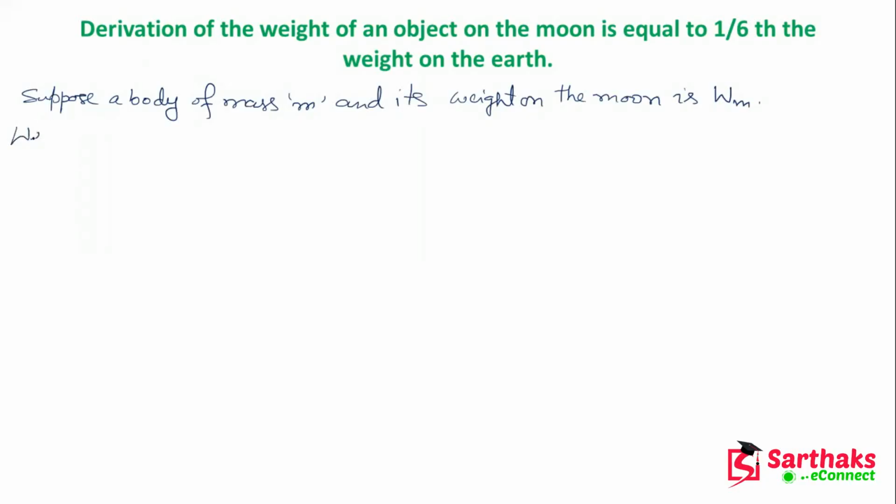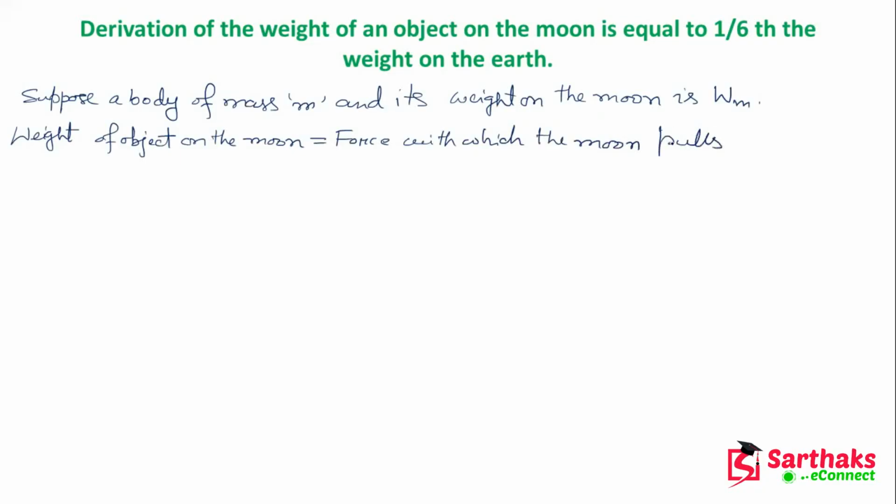So the weight of the object or the body on the moon equals the force with which the moon pulls.